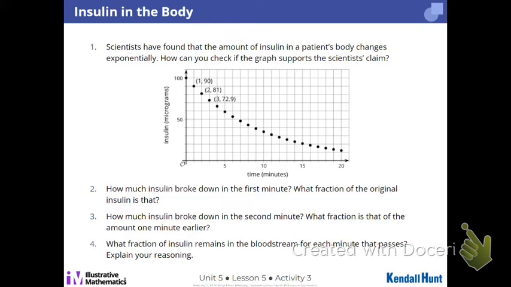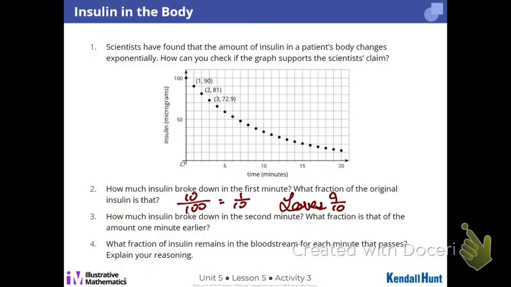So let's take a look. From as soon as it went in, next minute, it went down how many? So it went down 10, but it started at 100. So this means it went down a tenth, which leaves what? 9/10. Okay.